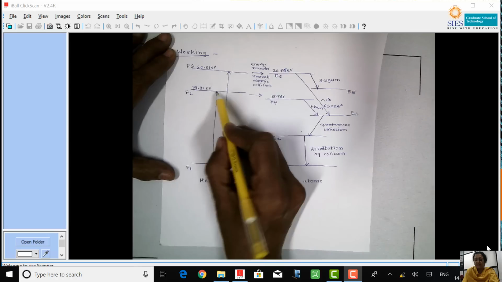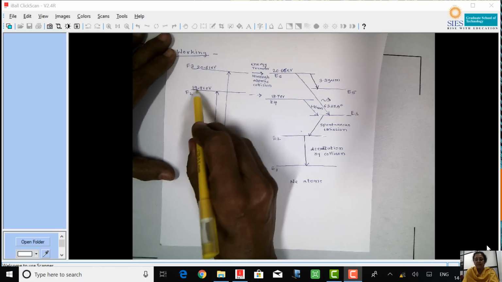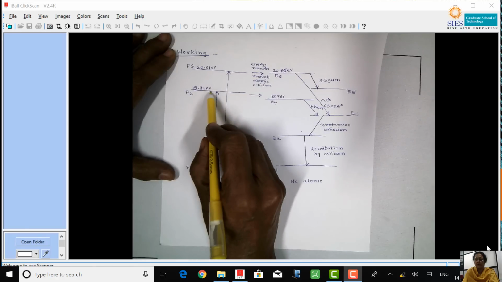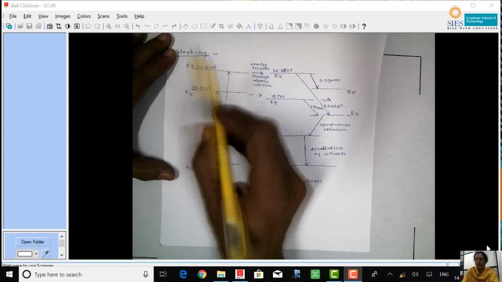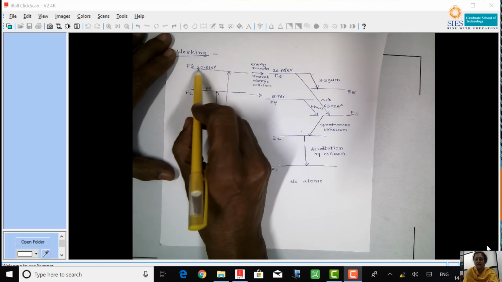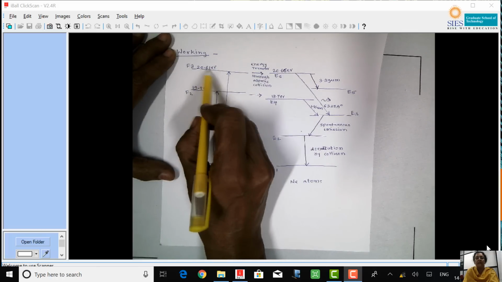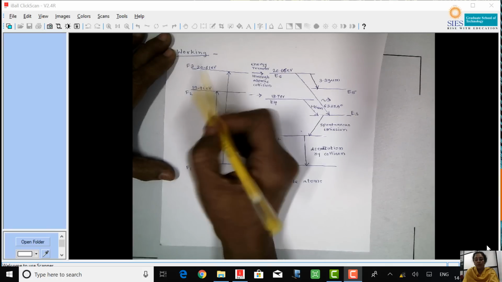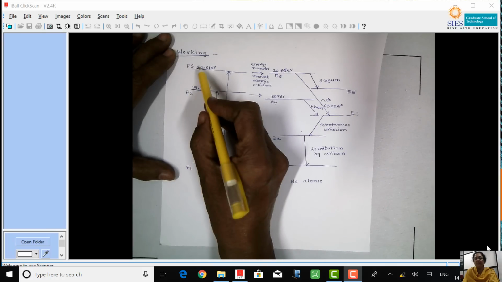For getting excited to energy level F2, it requires energy 19.81 electron volt, whereas for getting excited to energy level F3, it requires energy 20.61 electron volt. Both F2 and F3 are metastable states.